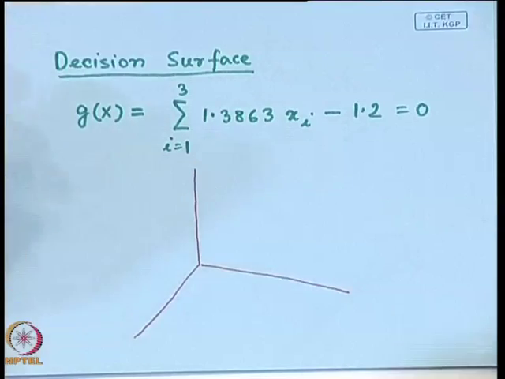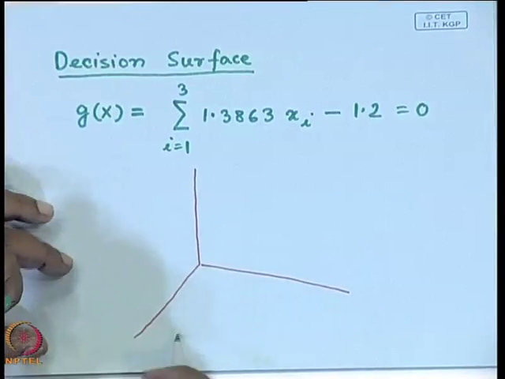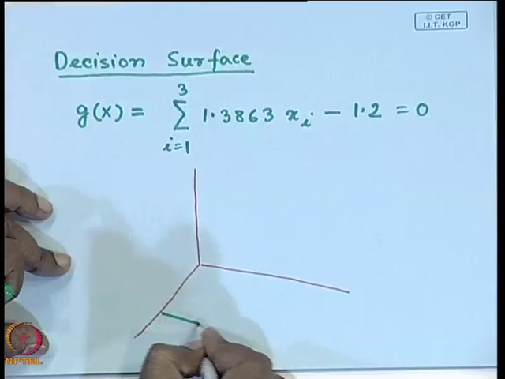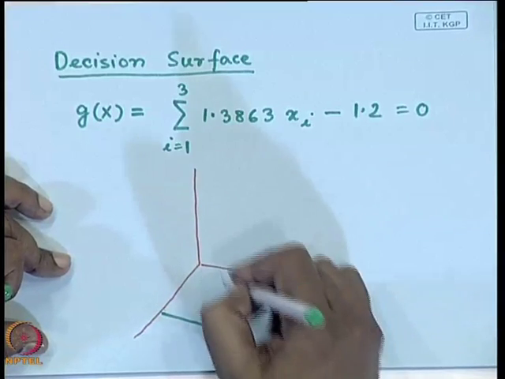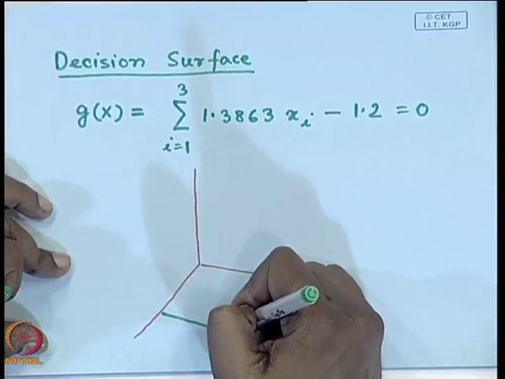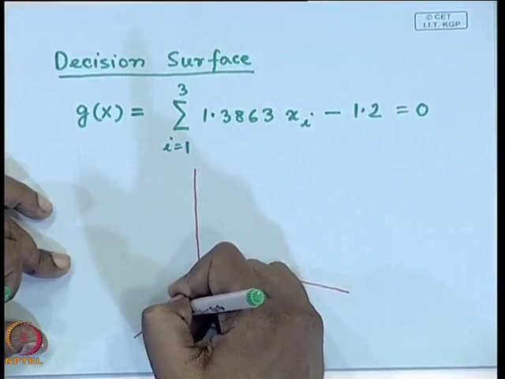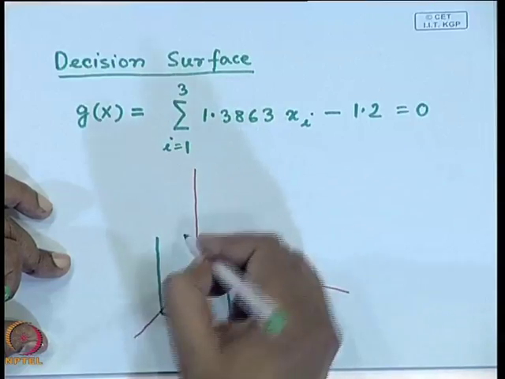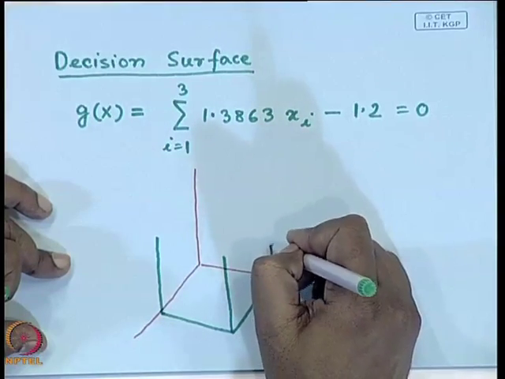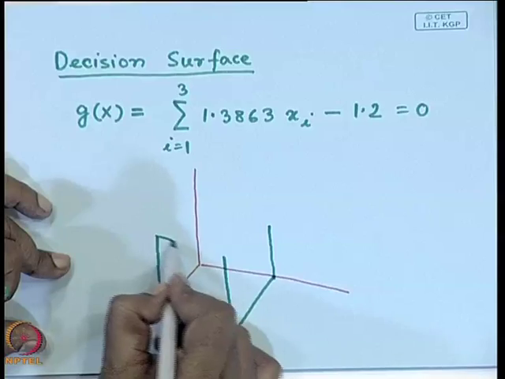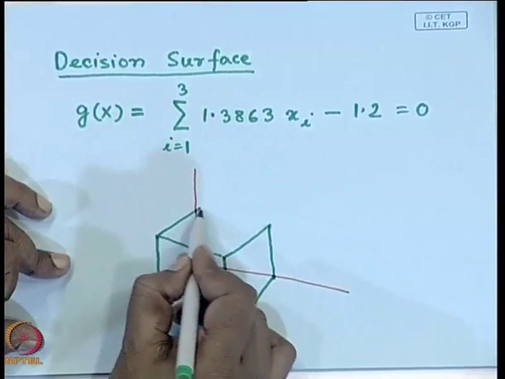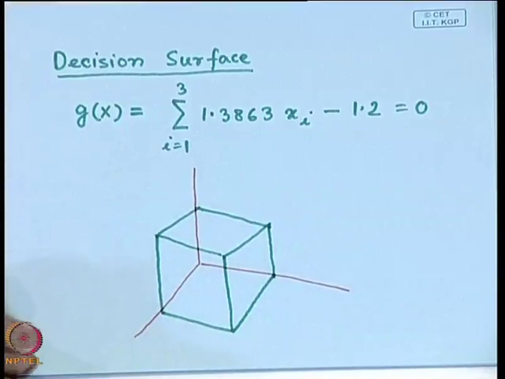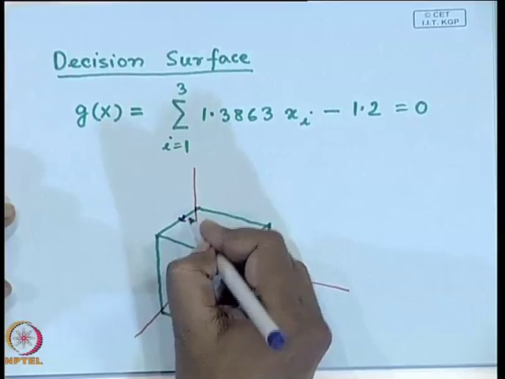So let us take a cube in this 3-dimensional space. And if you plot, the surface will come out to be something like this.